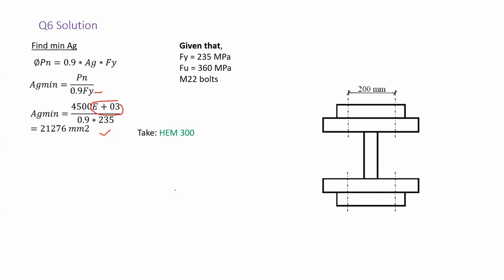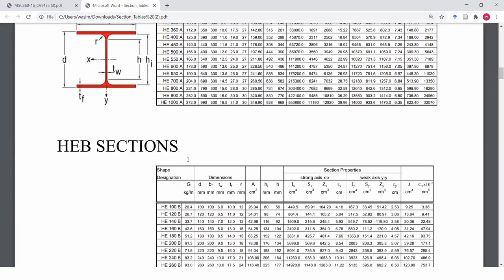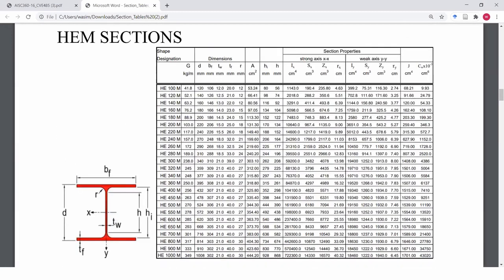If we take HEM 300 and its gross area, all the information is over here. We can see that the gross area is equal to 303.1 centimeters squared.